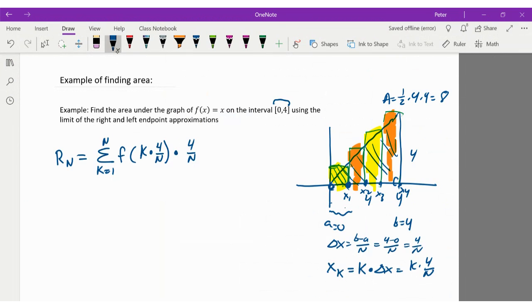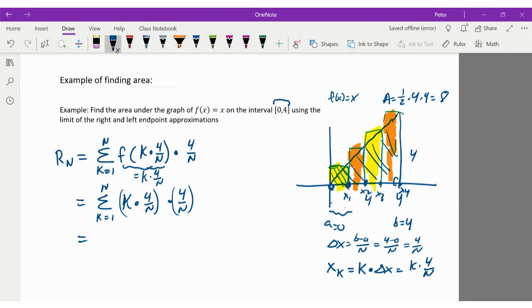But we know that since the function f of x just equals x, f of xk is just k times 4 over n. So this equals the sum from k equals 1 to n of k times 4 over n times 4 over n.